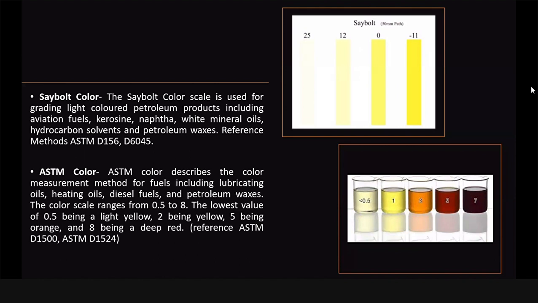Now we have further more industry specific attributes like Saybolt color and ASTM color. Saybolt and ASTM both are having same industry. Both are majorly used in petroleum industries, where we do fuel color check, kerosene, naphtha, solvents.